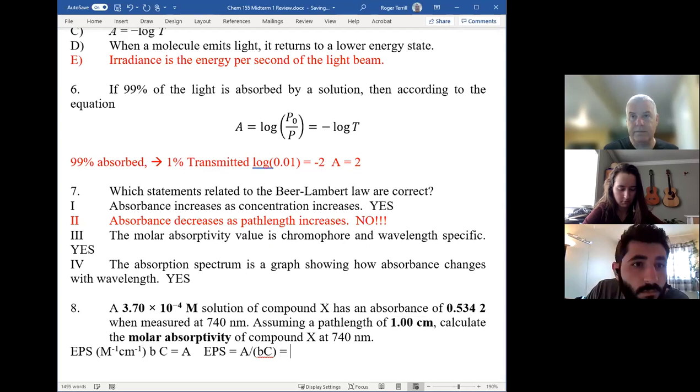Which equals 0.5342 divided by 1 times 3.70 times 10 to the minus 4.